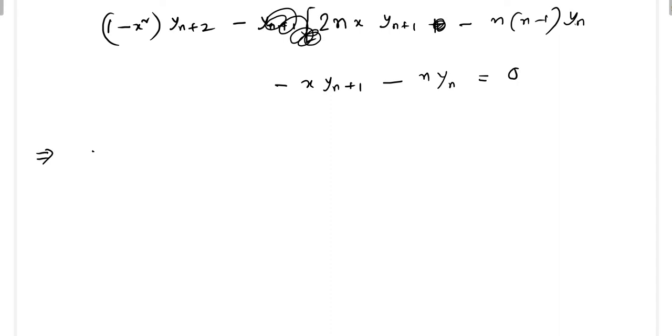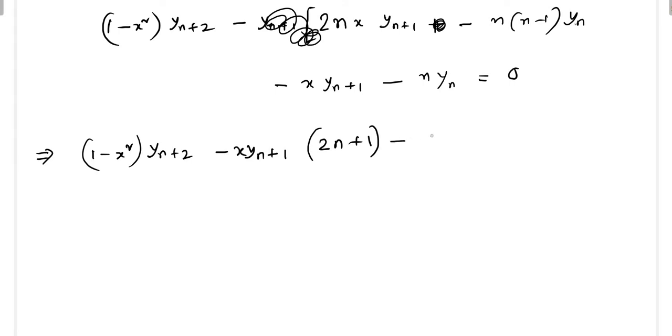So 1 minus x square into yn plus 2 minus yn plus 1 x into 2n plus 1 minus yn into n square minus n plus n equal to 0.